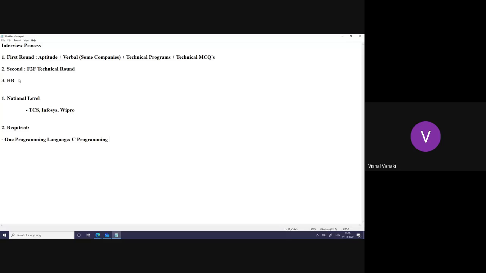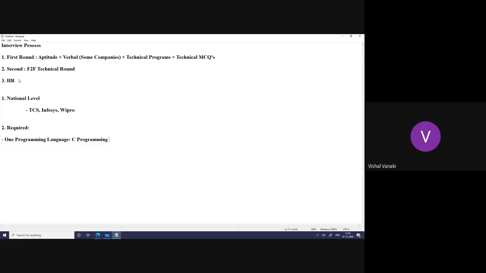Now, the way you study in academics is completely different from the way you have to prepare for placements. There is a lot of difference, and you will understand how much you know and how much you still have to prepare as we go through examples one by one.